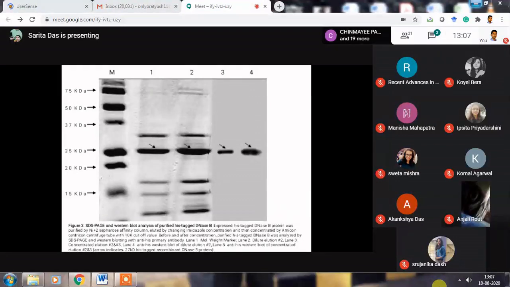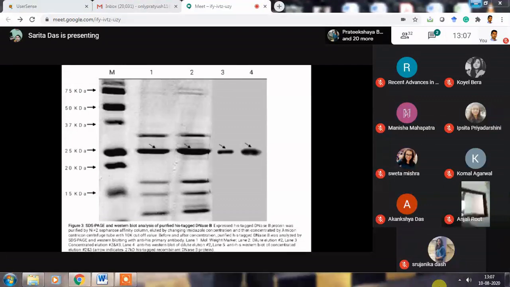Using His-tag is very advantageous because for detection, elution, and purification, it's easier. We used the nickel sepharose column, and then using the anti-His primary antibody, which is easily commercially available, we can detect whether our recombinant protein has been produced or not.